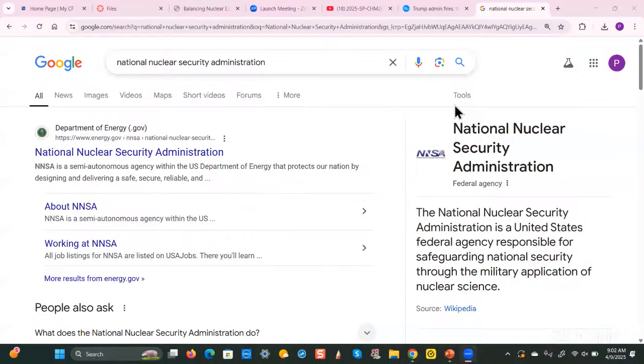I don't know if you have been following the news concerning what the current Trump administration has been doing with respect to government agencies and so on. They've been going left, right, and center, firing people and so on. And one of the institutions affected was this institution right here, which is the National Nuclear Security Administration.